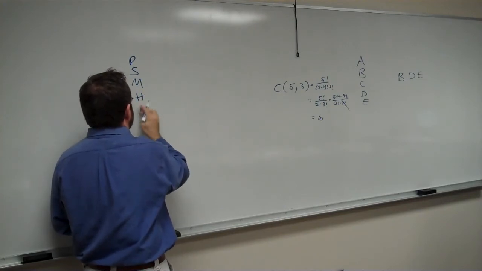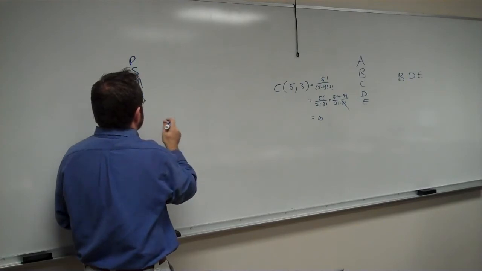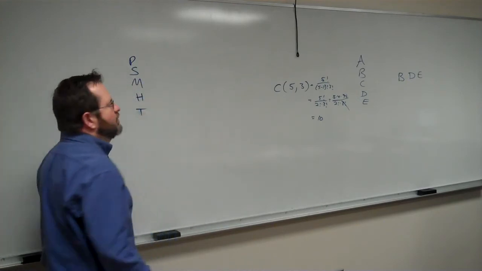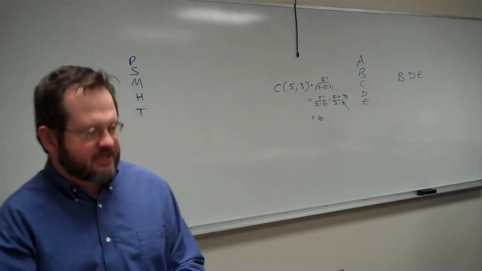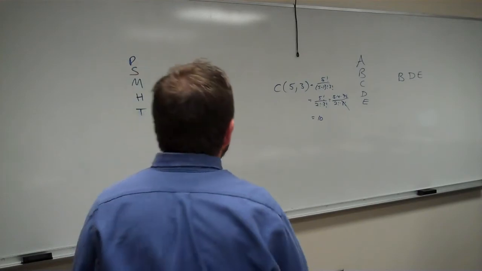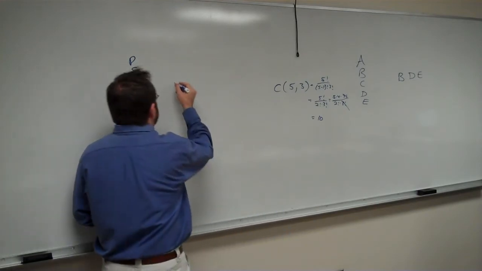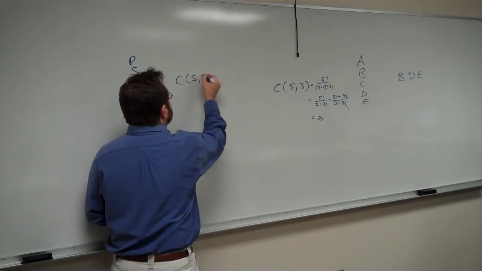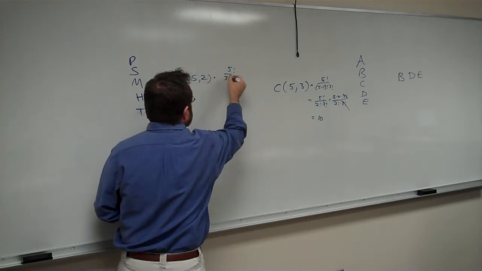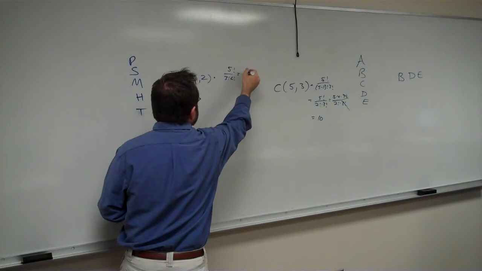I'm trying to think of a topping with another letter. Tomato. These are the only toppings we have at our pizza place. We know they ordered a 2-topping pizza. How many 2-topping pizzas are there? That's the number of combinations of 5 things taken 2 at a time, which works out to 10.